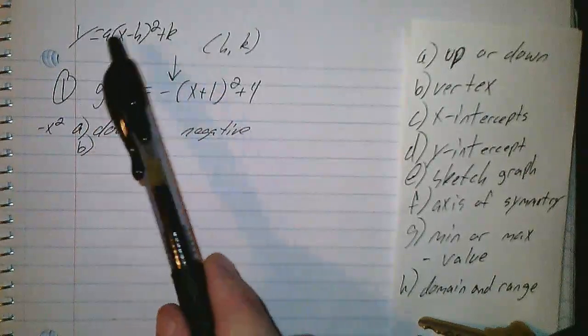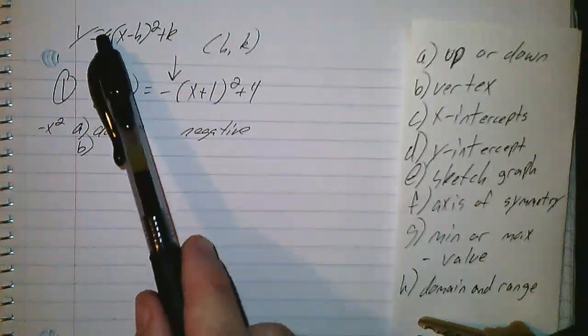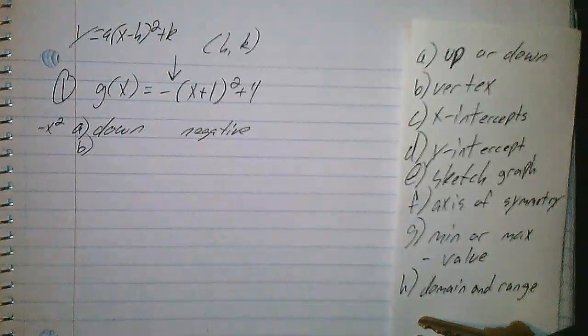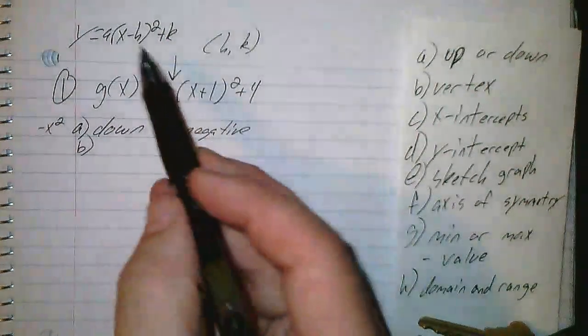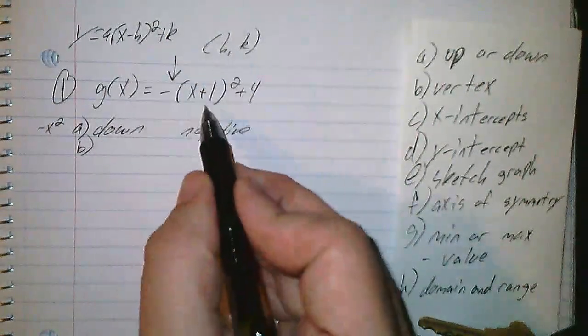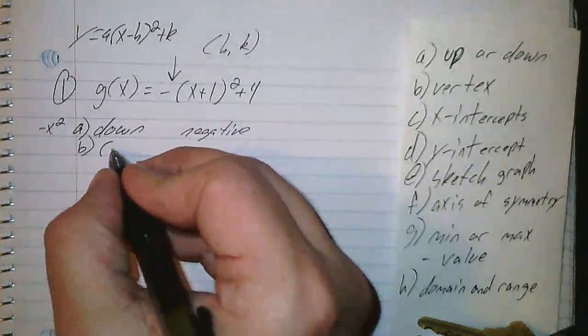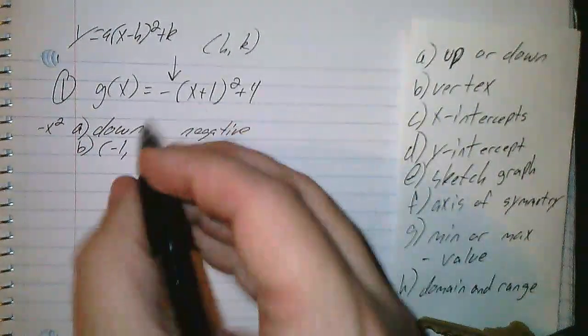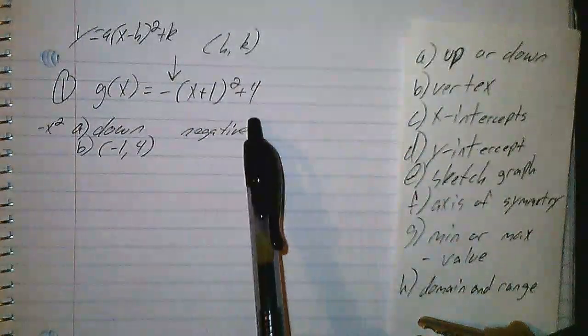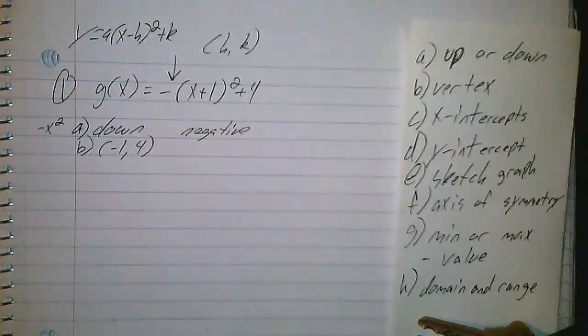The a, if it's a whole number, will make the graph taller or skinnier, or stretch it vertically. But the vertex is found at h, k. So it's minus h, so the h value is -1. And then just the k value that we see. So the vertex is -1, 4.